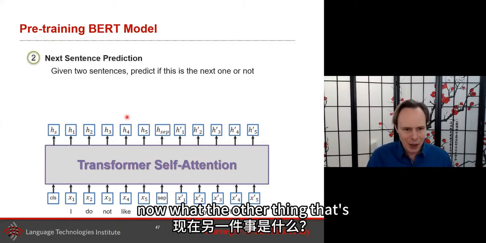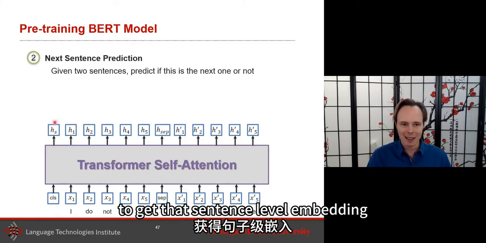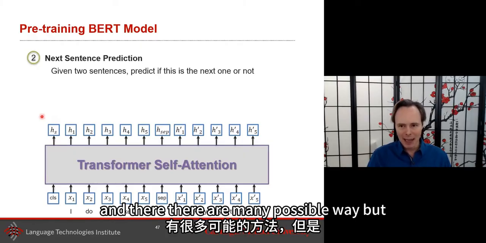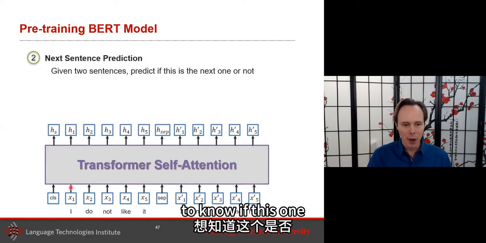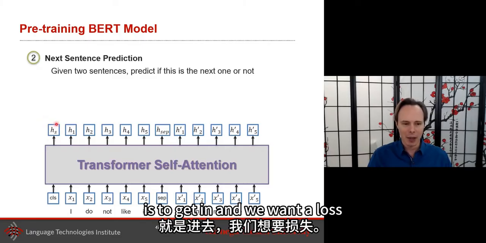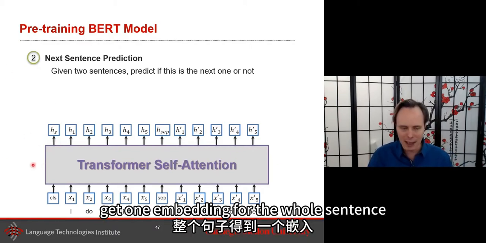Now, the other thing that's interesting is how do you train to get that sentence-level embedding? There are many possible ways, but we want a loss that will allow you, in an unsupervised way, to get one embedding for the whole sentence.